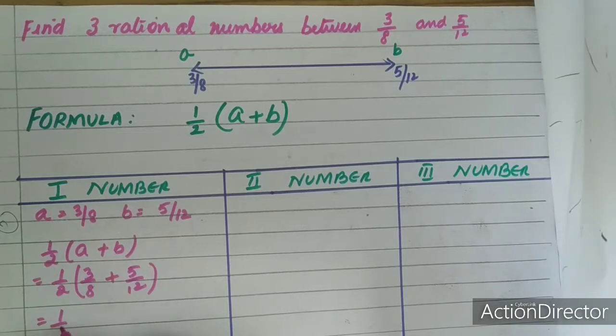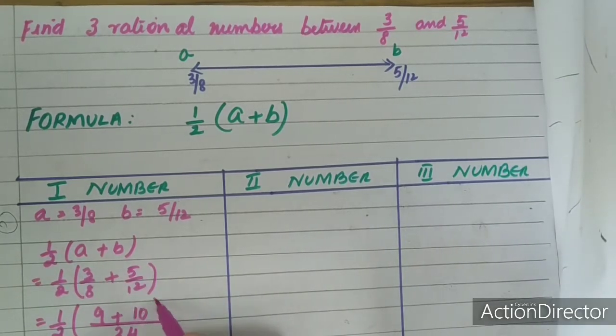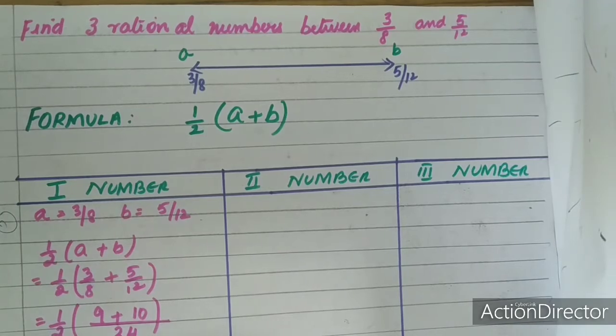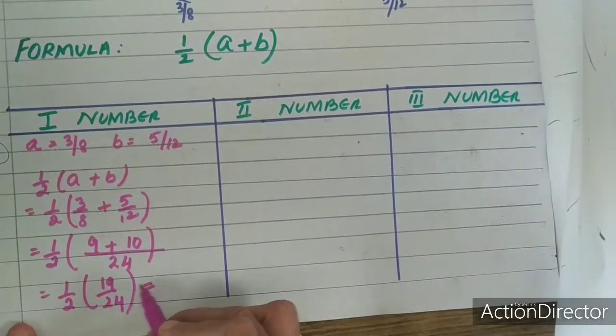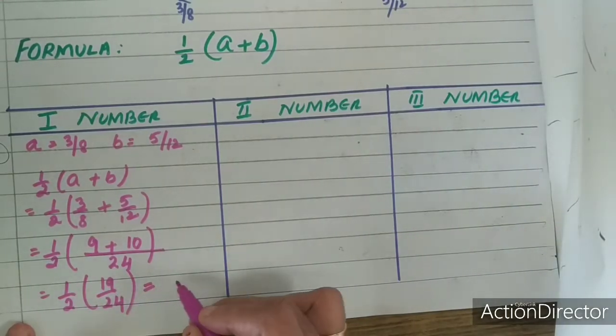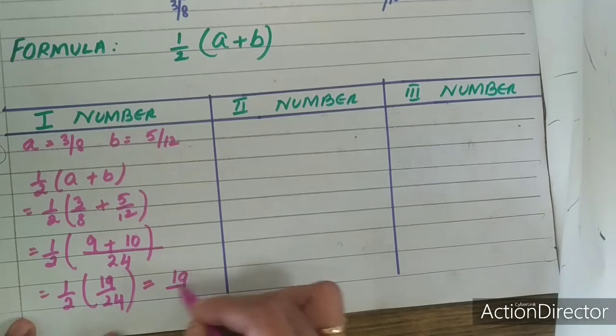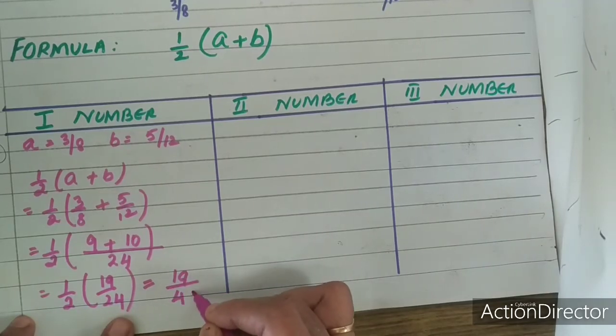So this will be equal to half into, LCM of 8 and 12 will be 24. So 3 3s are 9 plus 2 5s are 10. This is equal to half of 19 upon 24. So this is equal to 19 upon 24 into 2, which is 48.